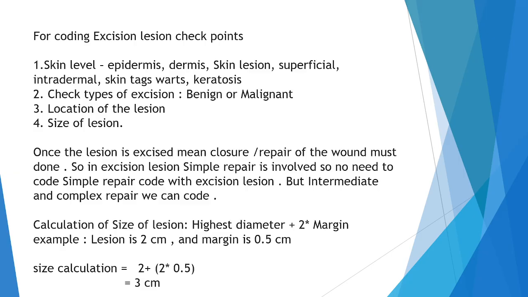For coding the excision lesion, there are some checkpoints. We have to check the level of the skin, whether it is epidermis, dermis, superficial, or intradermal. The next checkpoint is the type of excision, benign or malignant.